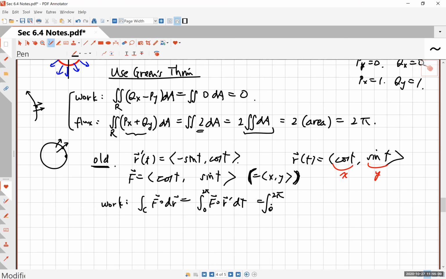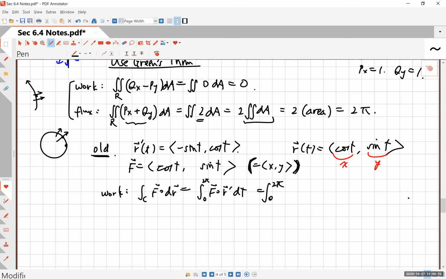The reason I'm showing you this is because, as you calculate this, it tells you something very important about every single point. What's F dot r prime? Well, you take the dot product of this, okay? And that would be negative sine t cosine t plus sine t cosine t dt. And of course, that's just 0.